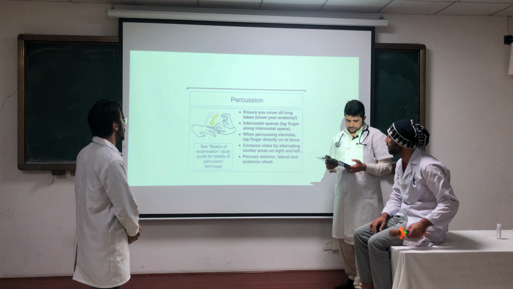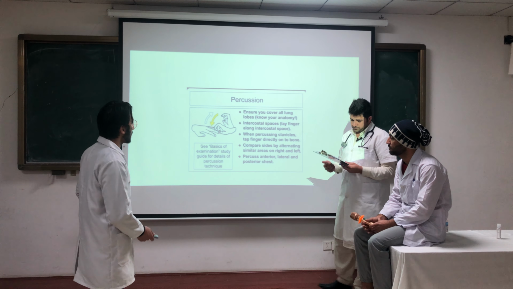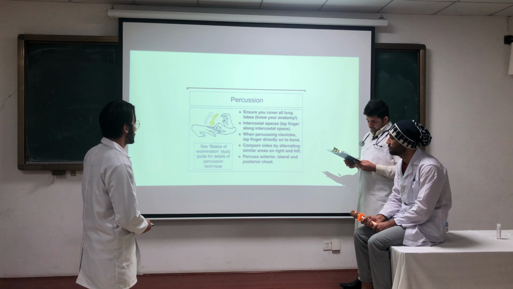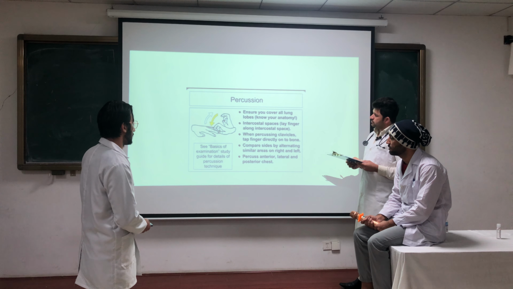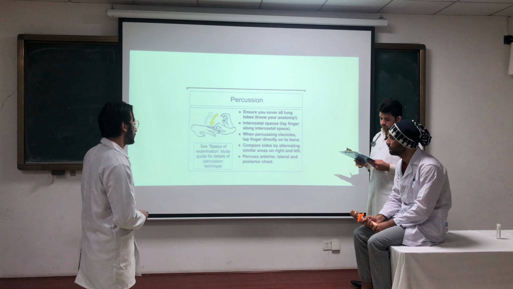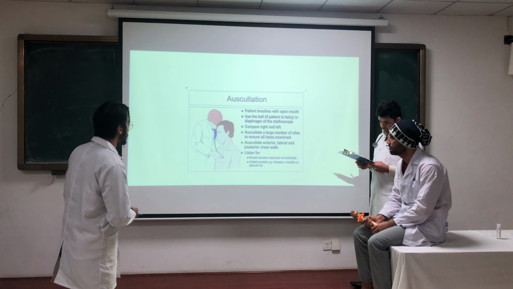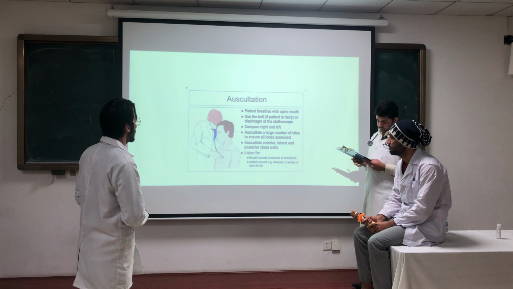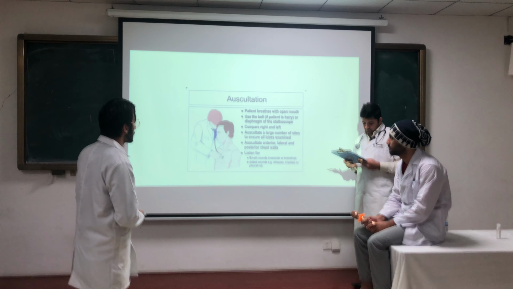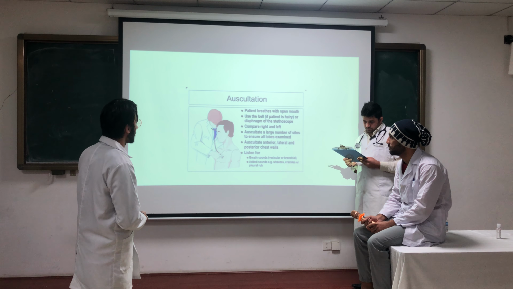Precautions. Ensure you cover all the lung lobes and costal spaces. Compare sides by alternating similar areas on the right and left. Auscultation. Patient breathes with open mouth. Use the bell or diaphragm of the stethoscope. Compare right and left.